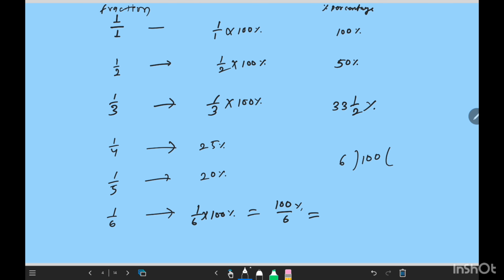Then 6 1s are 6, and 10 minus 6 is 4, and 6 into 6, that is 36. We have 4 remaining here, the remainder. And how do we write it?